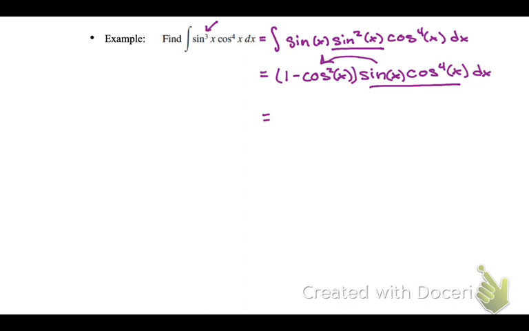So when I do that, I'm going to have two terms separated by that negative, so I can take the integral of each term individually. So I have the integral of sine cosine to the fourth dx minus the integral of sine cosine to the sixth.